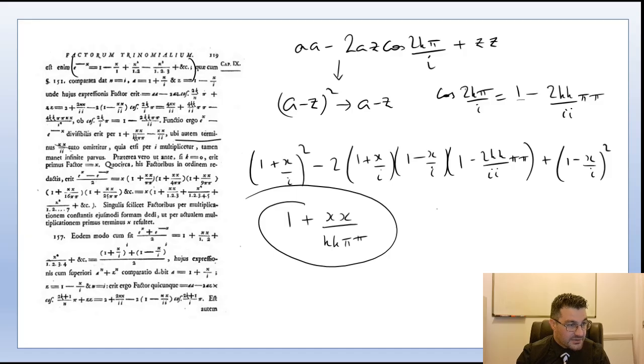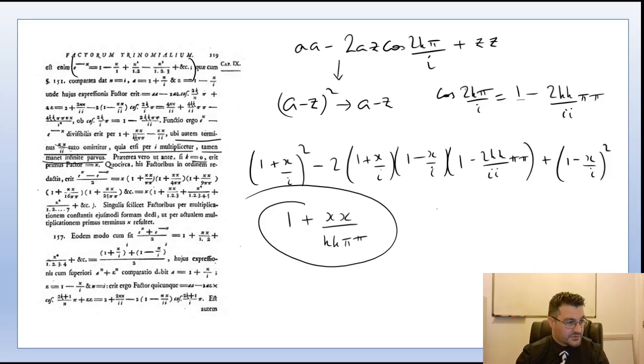So the term xx over ii can be completely omitted, since when it's multiplied by I, it gives an infinitely small quantity. It stays infinitely small. We've dealt with the case when k is equal to 0.